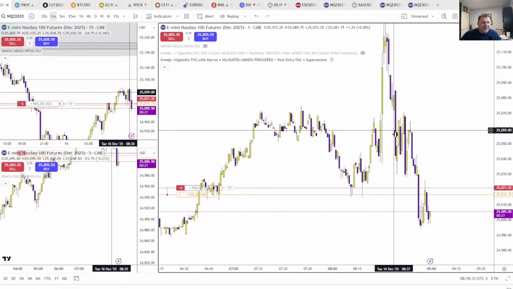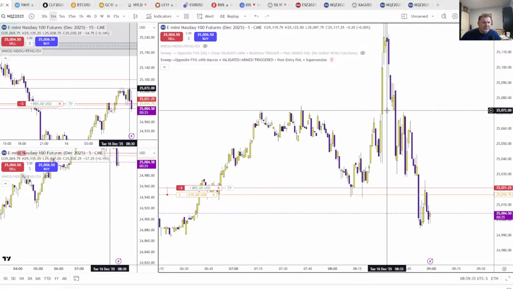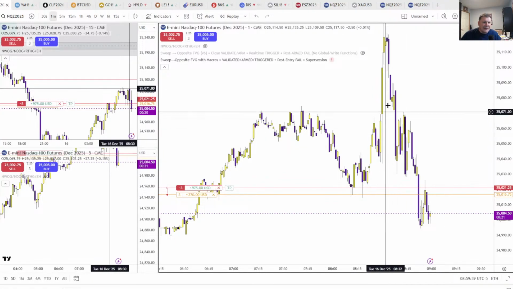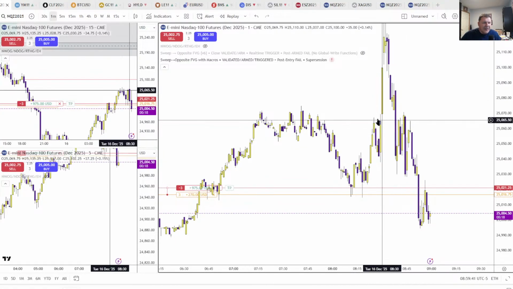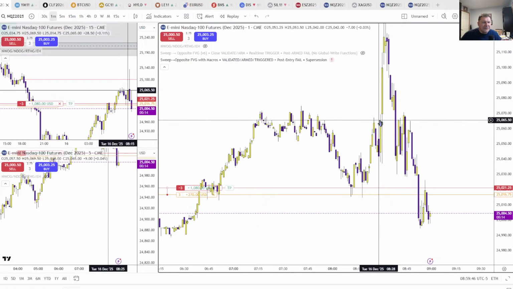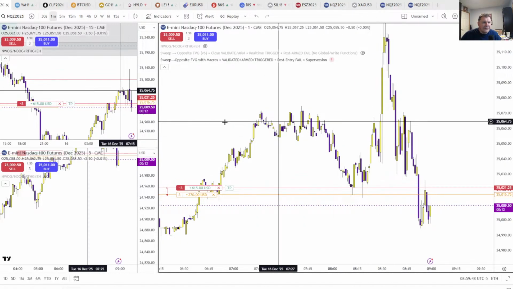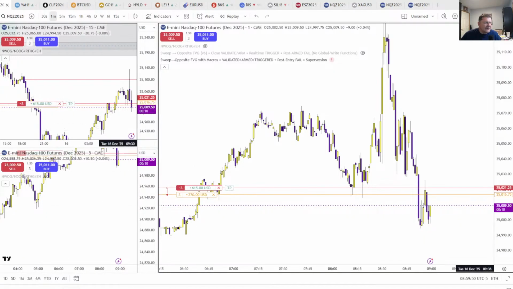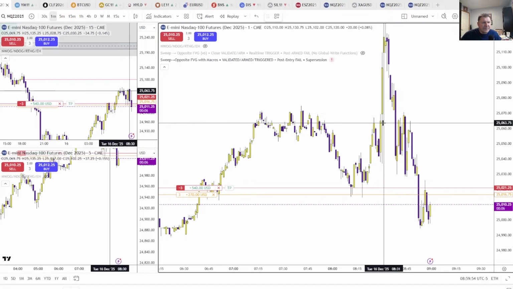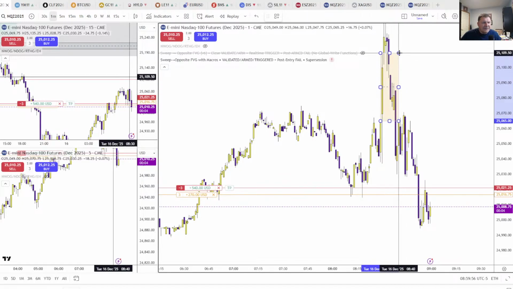So we see how we drove through this one and this one. They're all kind of attached really because they're considered imbalances, right? Or at least up to here. Sorry, this one's not because it's got a wick going through it. So we've got all of this. I'll mark it out for you so you can see. From the edge of that imbalance to the edge of that imbalance.